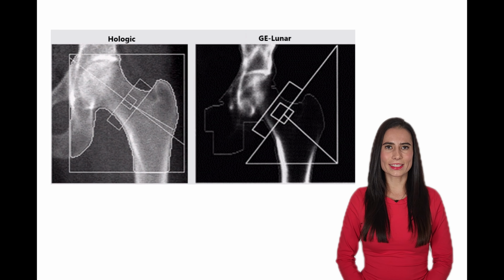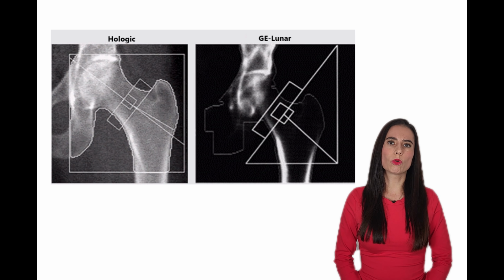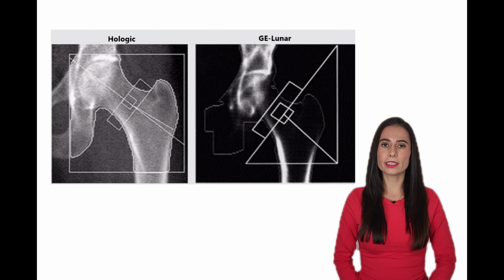The region of interest of the hip is more complicated than that of the spine because each manufacturer has different reference areas. Therefore, it is recommended to undergo follow-up measurements on the same device, since device algorithms differ. In fact, when it comes to quality assurance, 1 gram per square centimeter should be the same for each device, but it actually isn't.